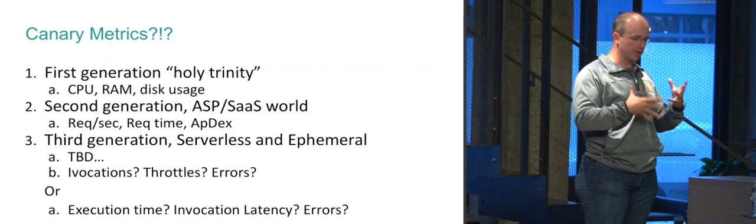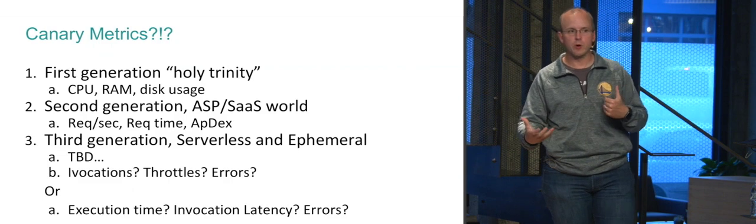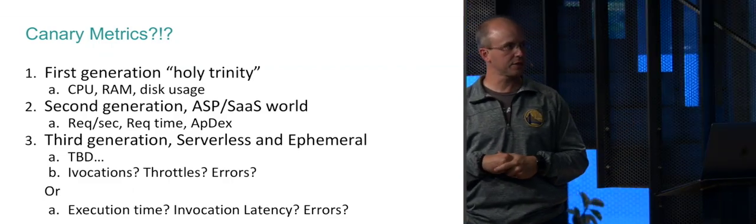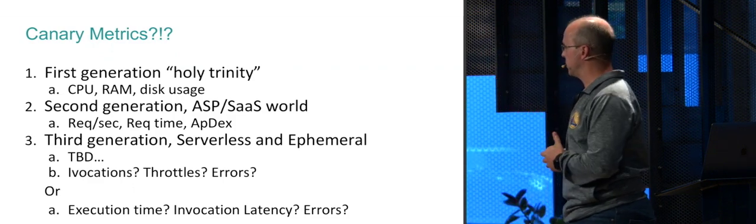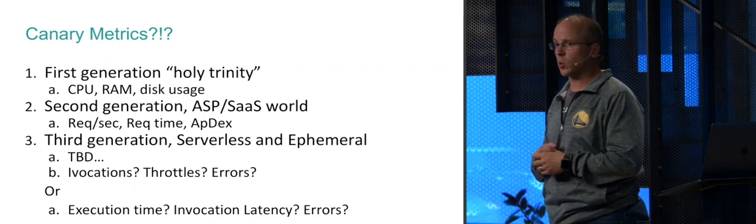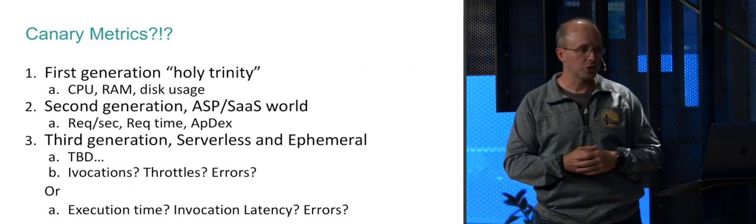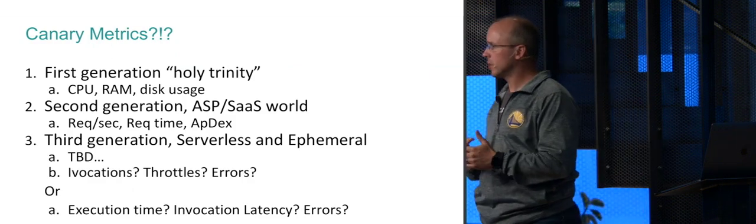And now with serverless and ephemeral, I don't actually think we know yet what those common canary metrics are. So I've got a couple of ideas here that I think is where I would start. And I'll freely admit I have not run 10 million requests per minute on a serverless architecture yet. But I think I'd start with invocations, any throttling, and any erroring.